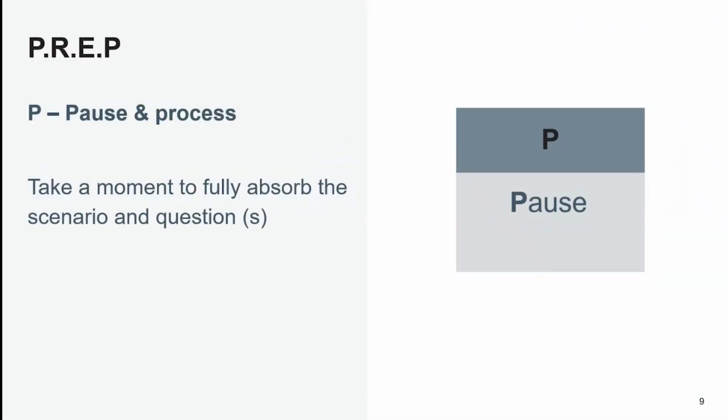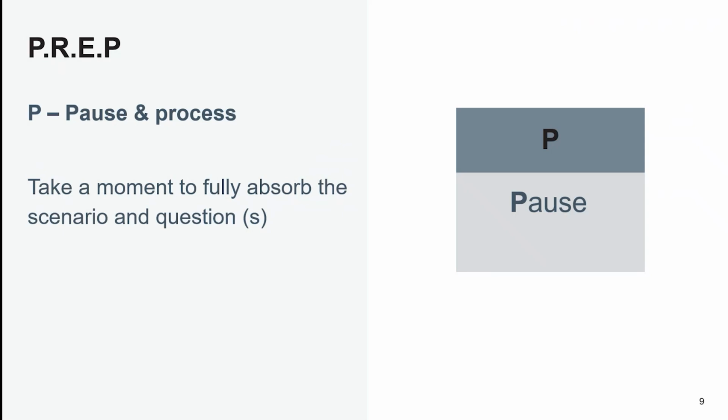So the first P then is pause and process. For each scenario, as we've already mentioned, you will have 3 minutes to read a summary of the situation you are being presented with and the question or questions posed about the scenario to allow you to prepare a response. Here you could have a blank piece of paper for any notes you want to make during the assessment to support you in that response.